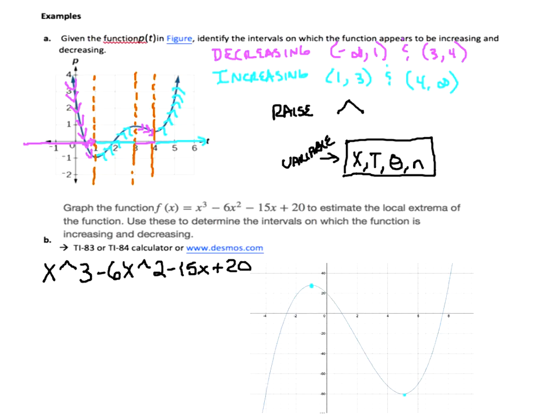If you look at the bottom of your screen, it says left bound with a question mark. It wants you to give it a left boundary.